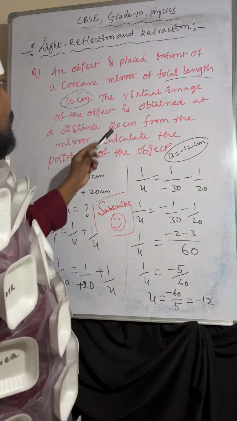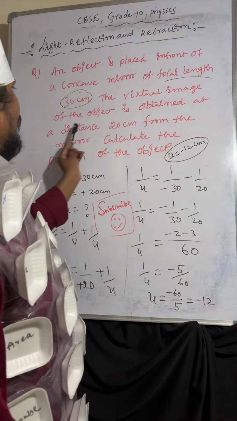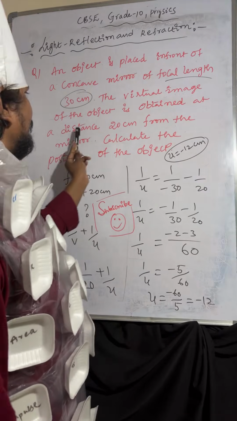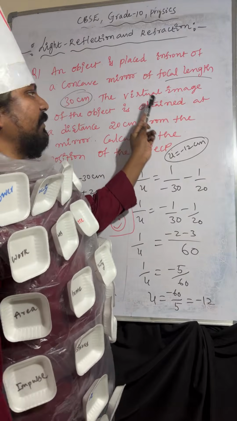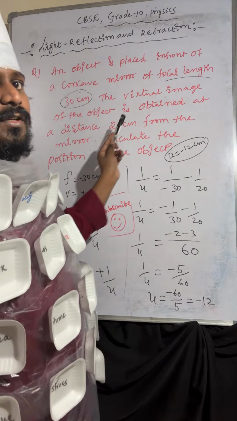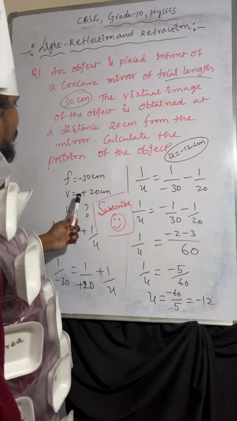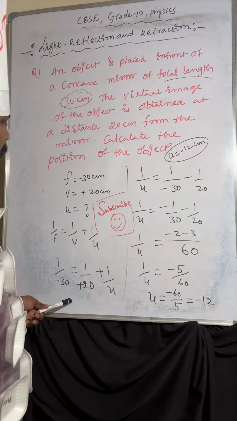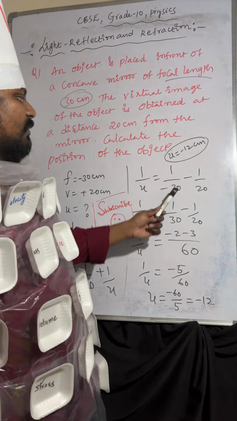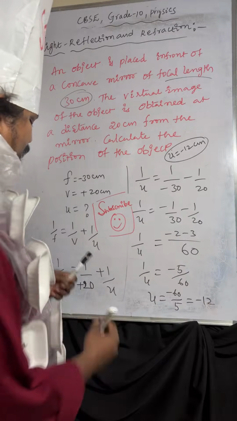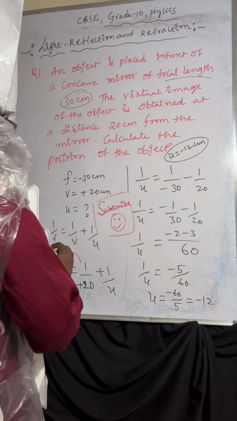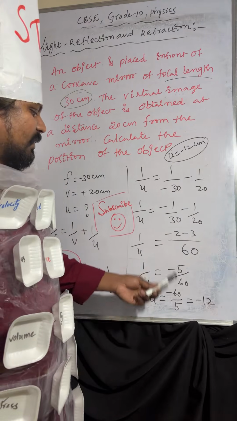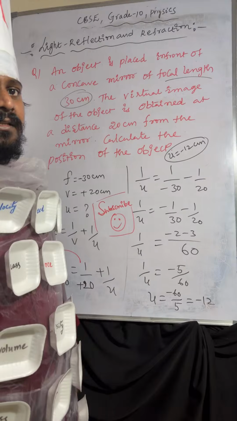The virtual image is obtained at a distance of 20 centimeter, so the virtual image distance is 20 centimeter. We have to find the object distance, so this is the formula. Substitute the values: 1 by u equals minus 1 by 30 minus 1 by 20. Take the LCM and you'll get the answer.